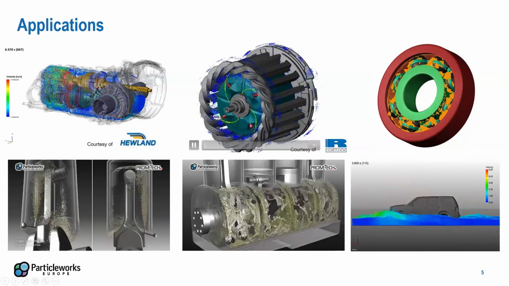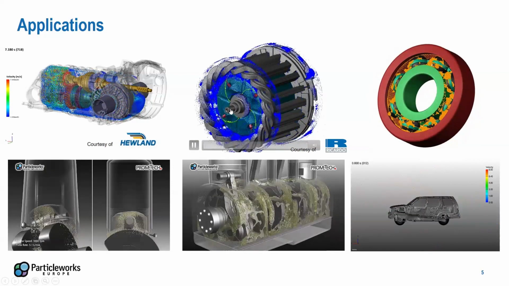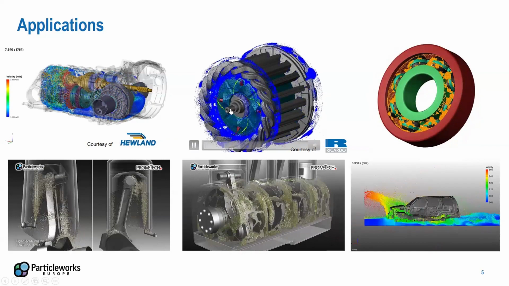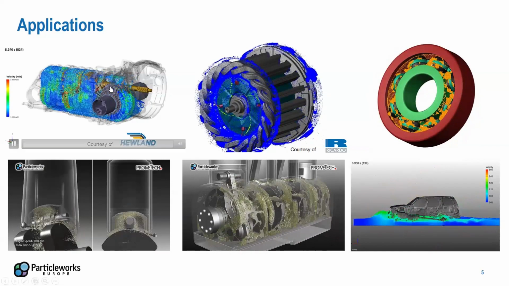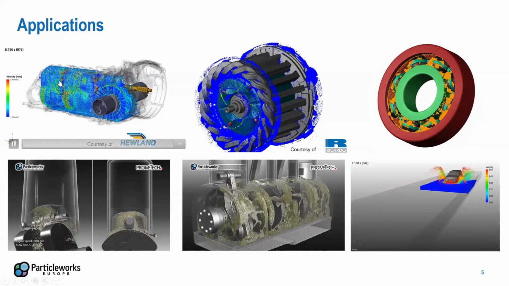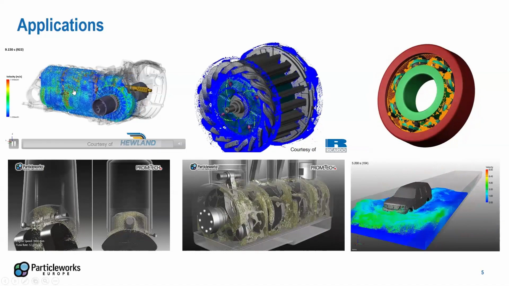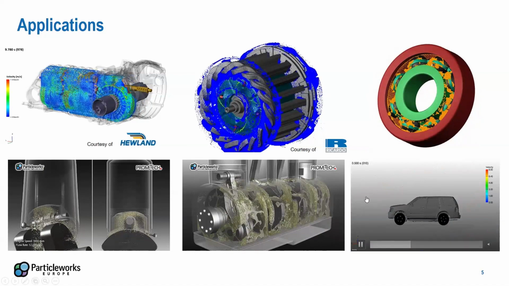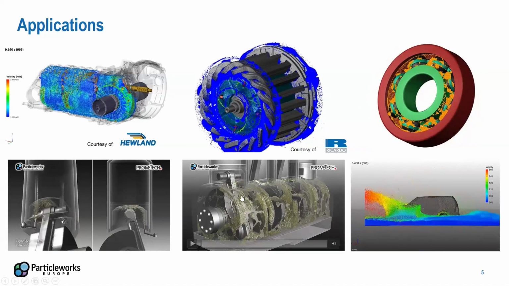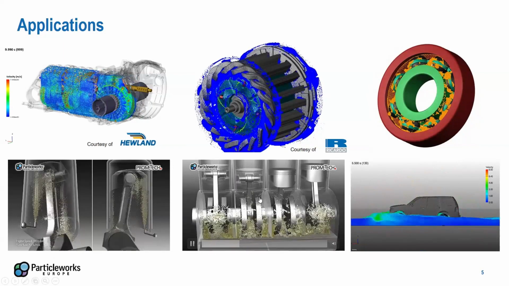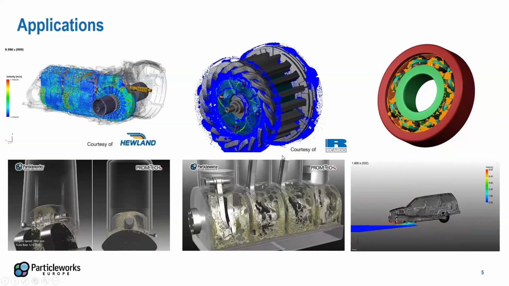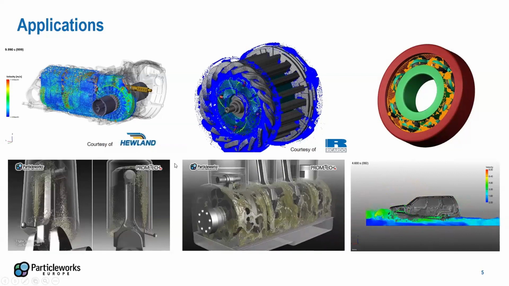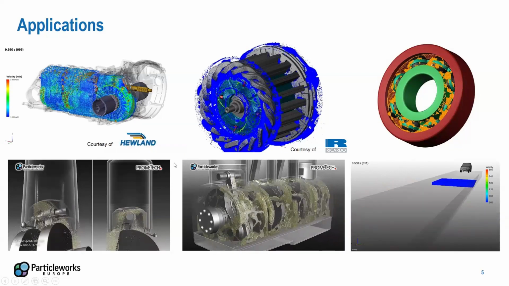As you can see, in all of these cases we have multi-phase flow with jets and splash, and this kind of phenomenology of fluid flow is very difficult to capture with mesh-based CFD. Whenever you see this kind of flow, you know that moving particle simulation can be very beneficial.